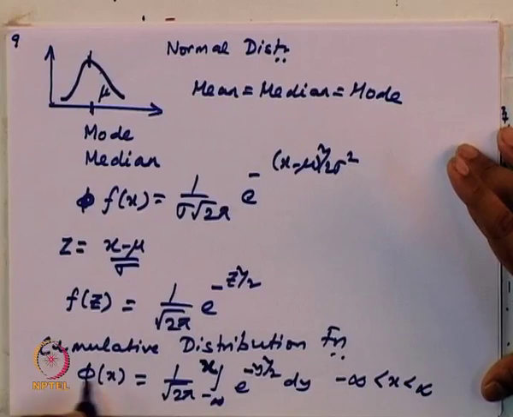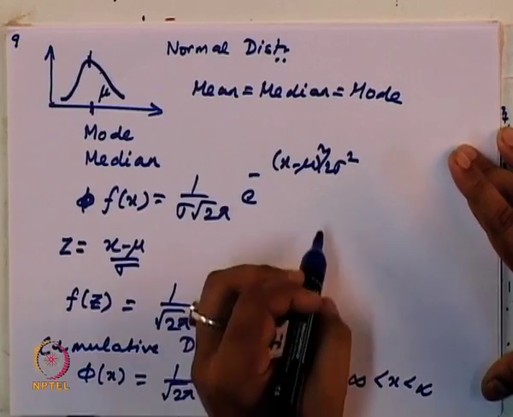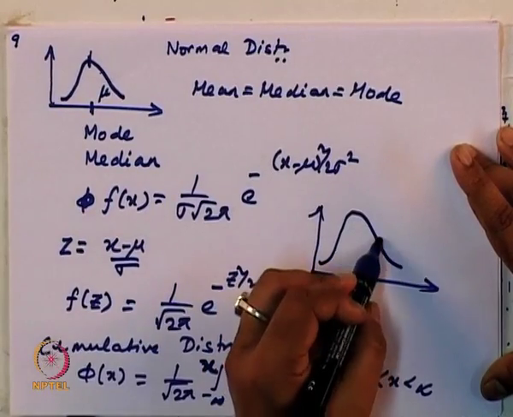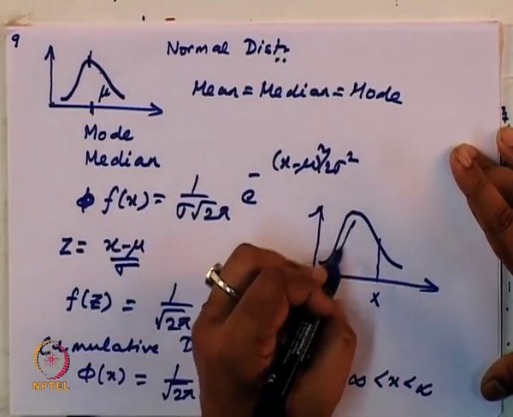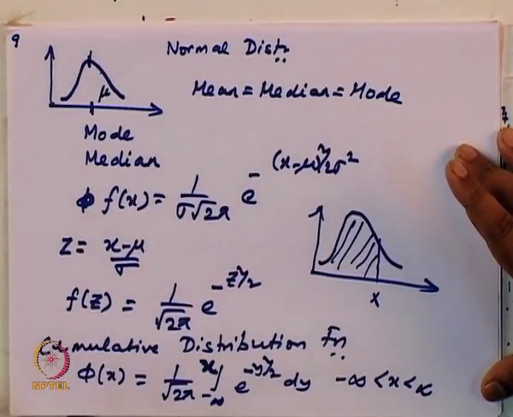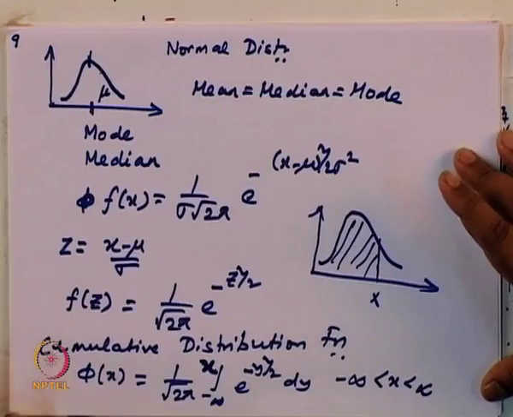So, this is your value. So, what is phi of x for this distribution? For any value x, phi of x is this area under the curve. This is your total probability of finding any value less than x. So, we can write down for the normal distribution.